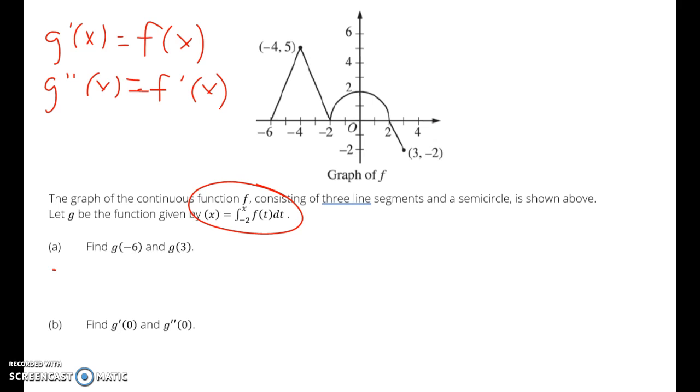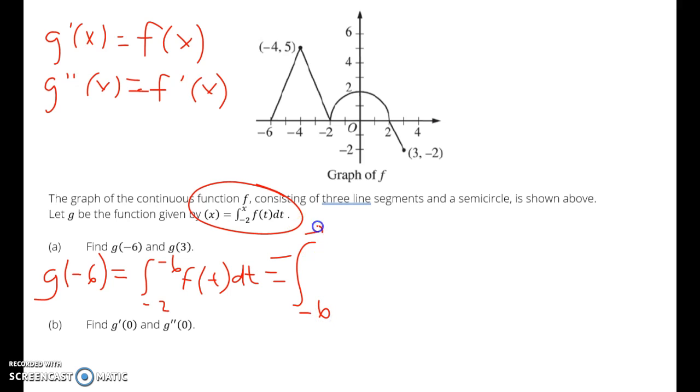The first thing I'm asked for is g of -6. Which is not too terrible because the g of x function is given to me. So I'm going to need to be looking at the definite integral from -2 to -6 of f. I can do a little bit of computation. First thing I notice is that my bounds are upside down, so I need to rewrite them in the correct order, but notice I placed a big negative out front.